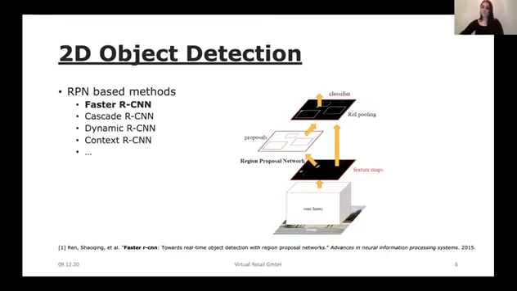Okay. So next, I'm going to talk about how we actually develop the hand detection model as the backend for verification. The most relevant research area is the 2D object detection. And one category is the region proposal network-based methods. Faster RCNN was proposed in 2019, and here is the overview of the network.